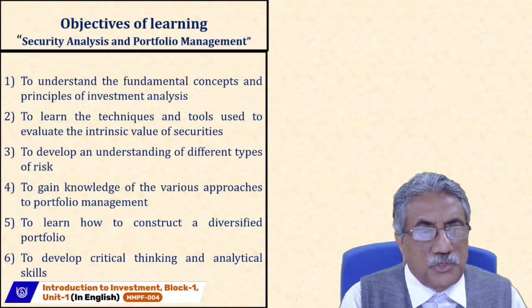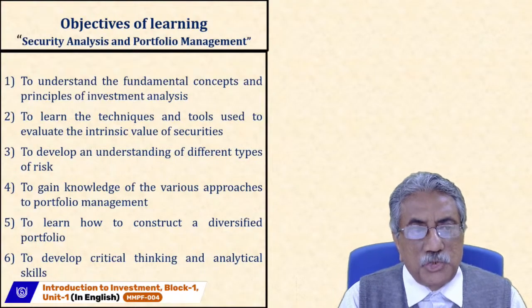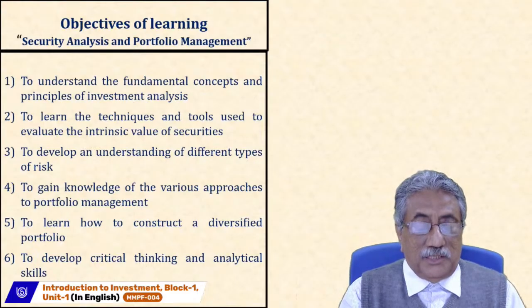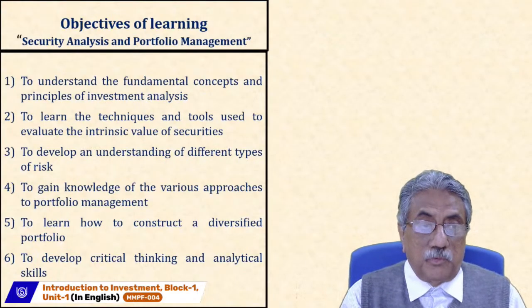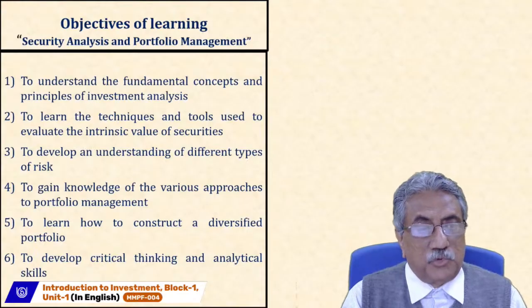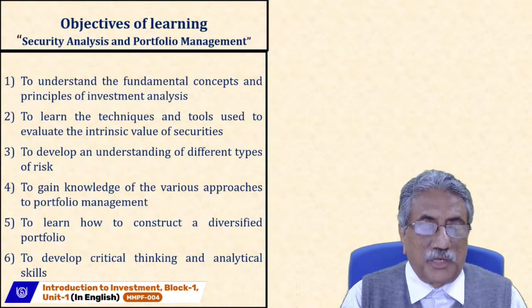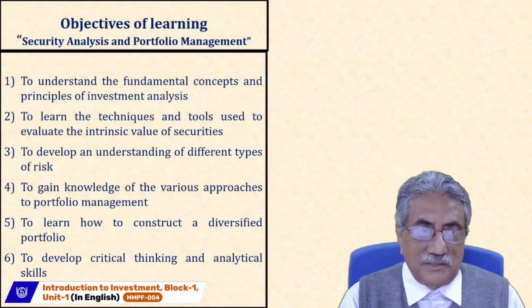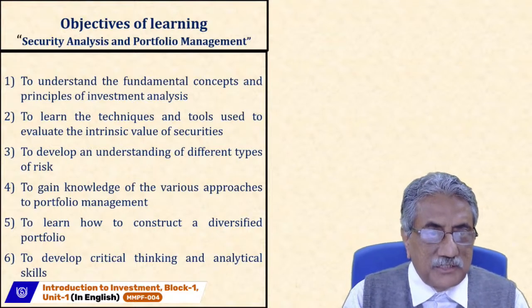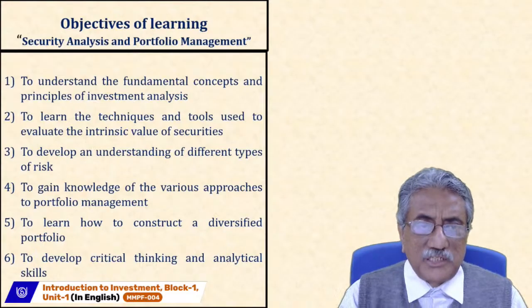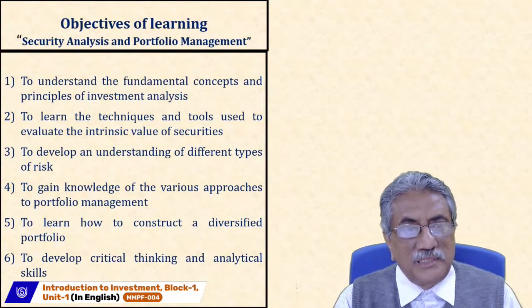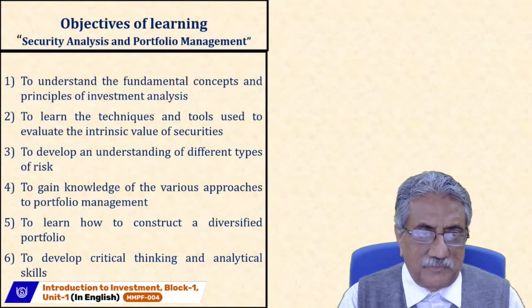Fourth, to gain knowledge of various approaches to portfolio management. Now there can be different ways you can manage the portfolio. First, you can decide that, okay, power sector, steel sector, or any sector, different sectors will be doing well. So let us find some companies who are doing well in these areas.